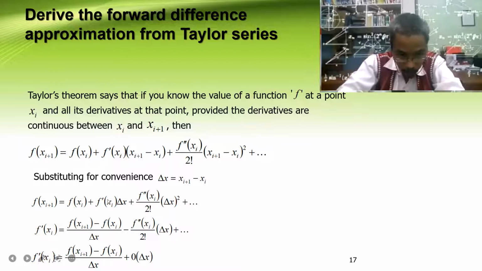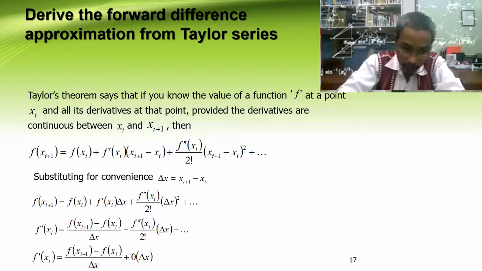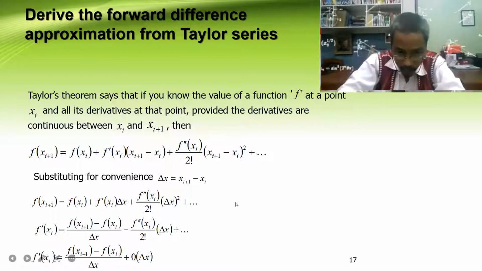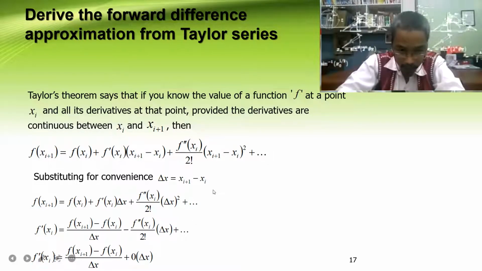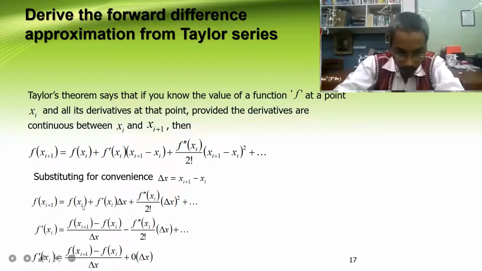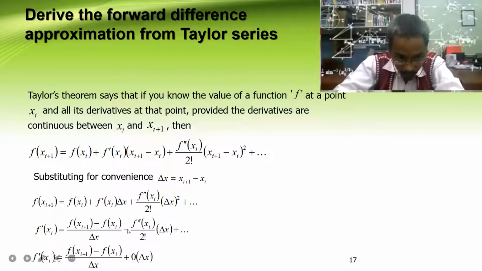The function f of x_i is transferred to the other side, and all the rest of the terms are transferred to the other side, so they all become negative.